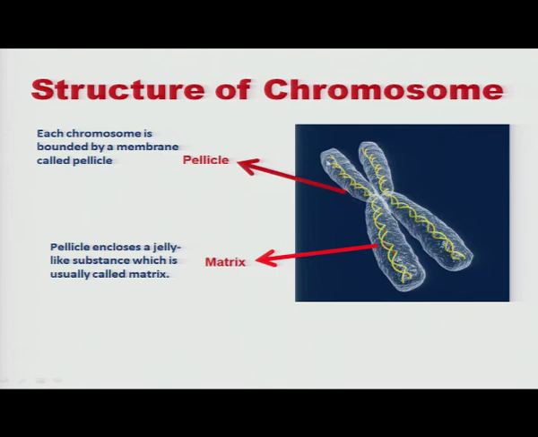This outer layer, this outer membrane of the chromosome is considered as pellicle, and this membrane encloses a jelly-like structure which is called matrix. So, the pellicle bounds the membrane to give the structure which appears during the M phase of the cell cycle.